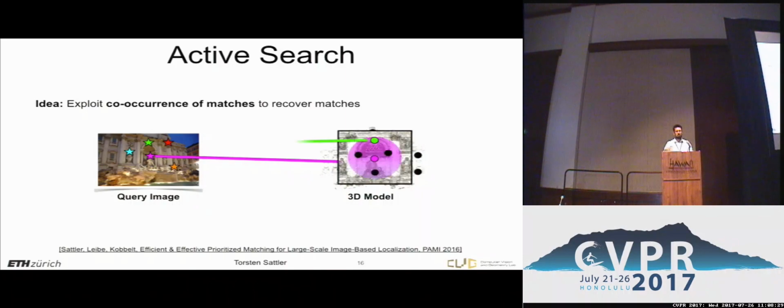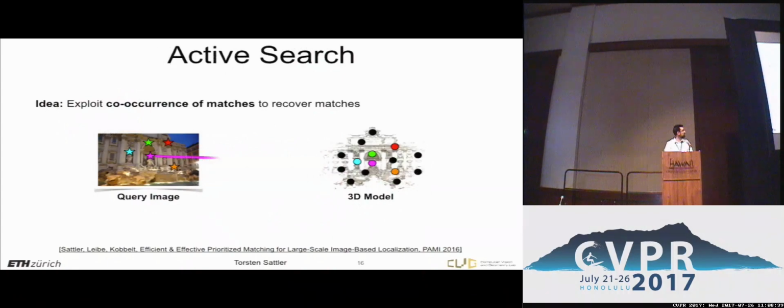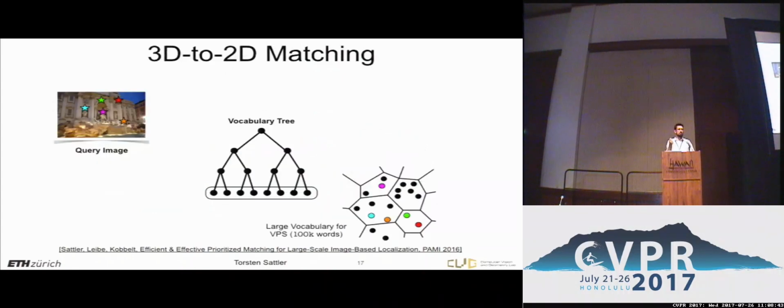So you can actually look at the local neighborhood of the matching point and then say, if this match is correct, I would expect to also find a match for the green 3D point and then match it back to the image. Implementation-wise, this looks like this.